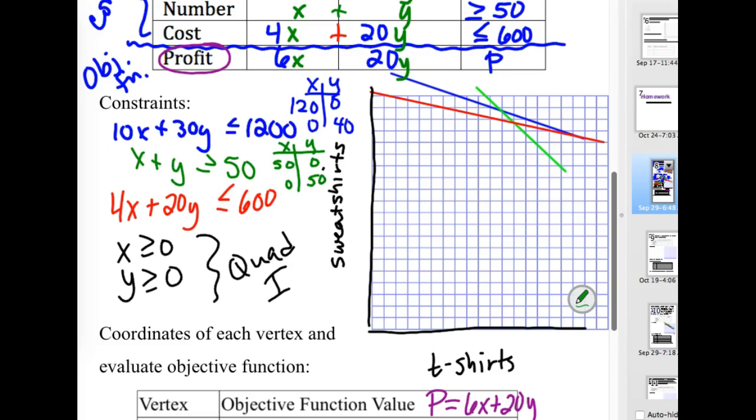Okay, and then for red, if I put 0 in for y, 4 times what gives me 600, or 600 divided by 4? Grab your calculators, guys. Let's go. 600 divided by 4. If you're not going to do it in your head, you got to have a calculator. Okay, if we put 0 in for x, 600 divided by 20.